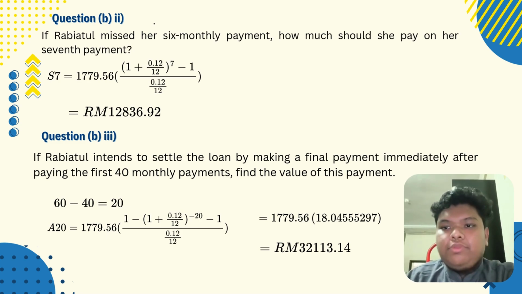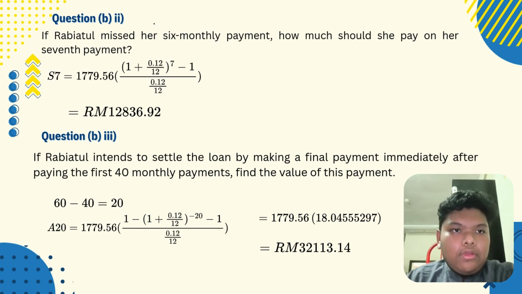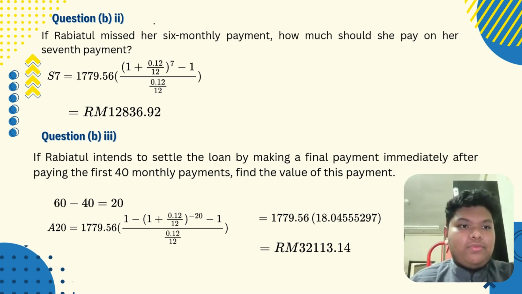So after substituting all values into the formula and calculating, the total amount she needs to pay on the 7th payment is RM 12,836.92.